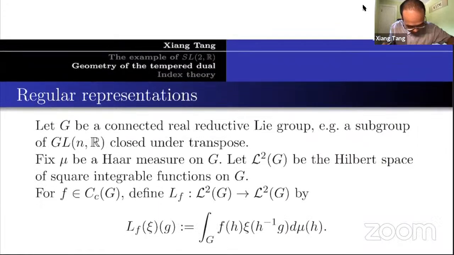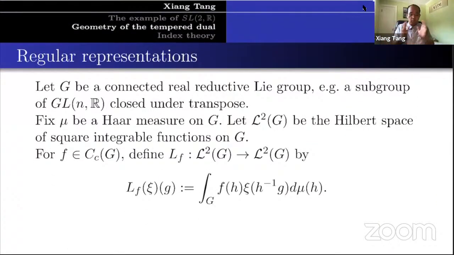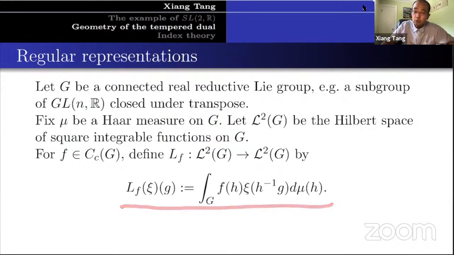The next step is to introduce some operators. We are given complex-valued compactly supported continuous functions on our group, and we look at this translation operator. This is the left regular representation, if some of you are familiar with this terminology.